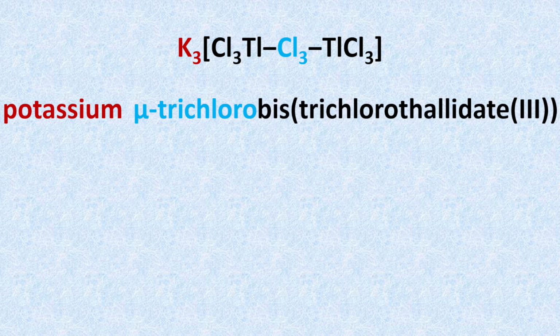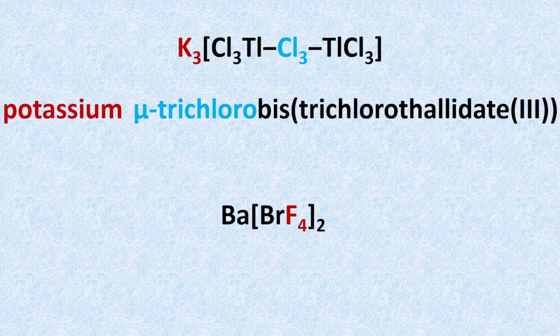Overall, there are 9 negative charges due to 9 chlorides, out of which 3 are balanced by the 3 potassiums. So the 2 thalliums must balance the remaining 6 negative charges. Therefore, the oxidation state of thallium will be +3.